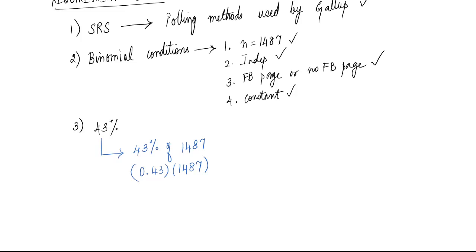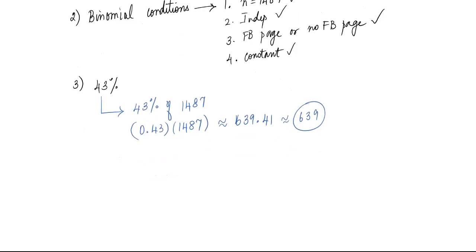You should also do that so that you can quickly check. And you can also pause. If you check this, this comes out to be 639.41. I've rounded to 639 because it is the number of people who had a Facebook page. So 639.